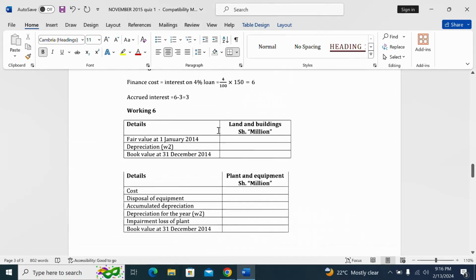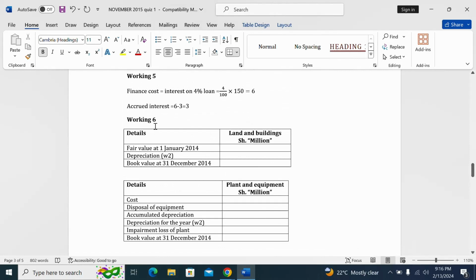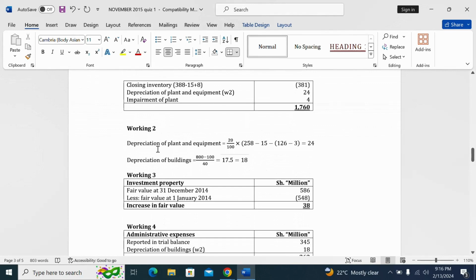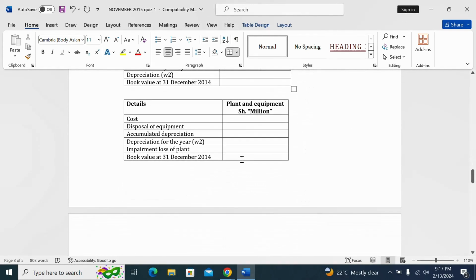Land and building, in our working note number 6, we have the fair value of land and building at 1st January 2014 as 800 million. That is the revalued amount of the asset at 1st January 2014, which is usually called the fair value. Then we deduct the depreciation for the year. In our working note number 2, we got 18 million.